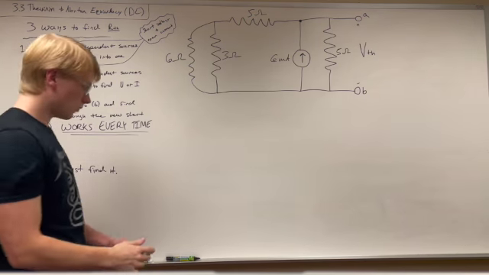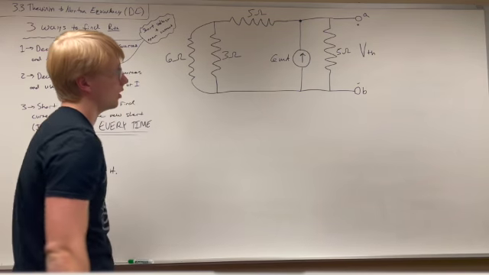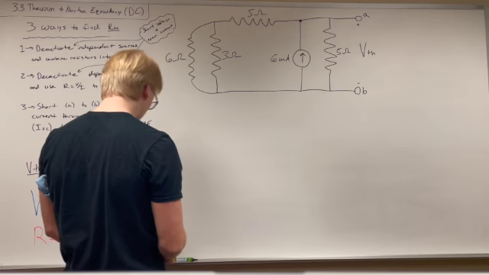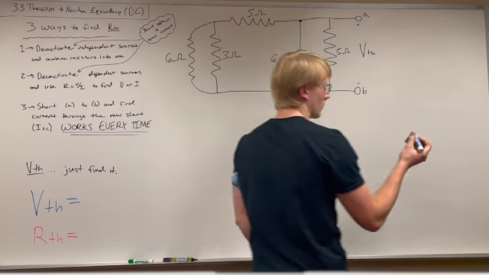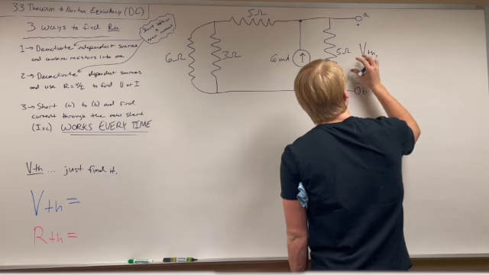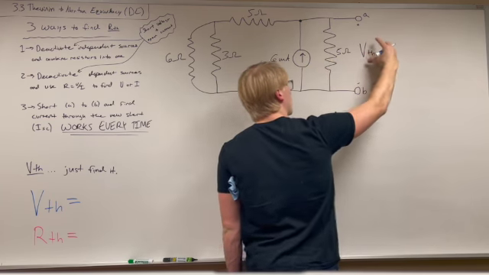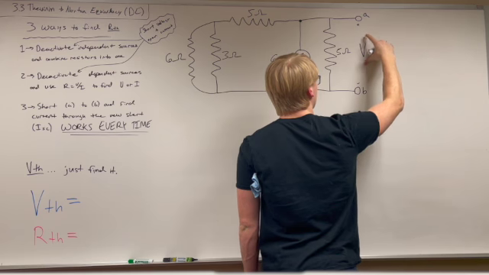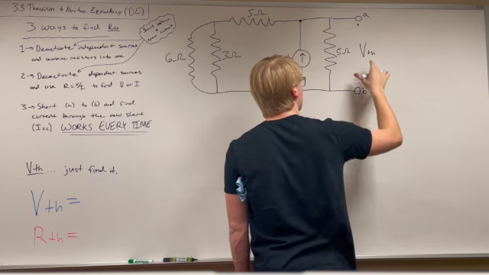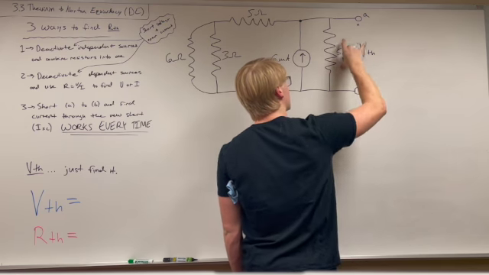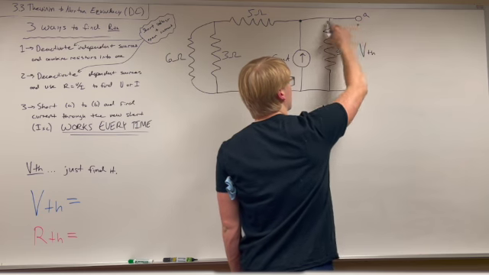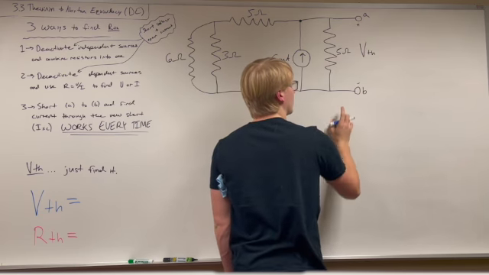And so we'll start with V Thevenin here. I'm going to write it in blue. The first thing we're going to notice is that the voltage across A to B is the same as the voltage across this resistor, because these are just wires, they're not branches.